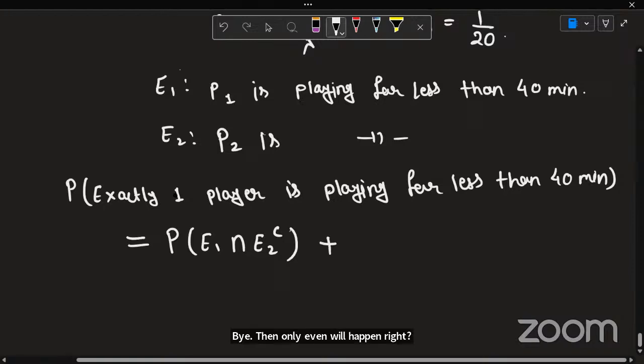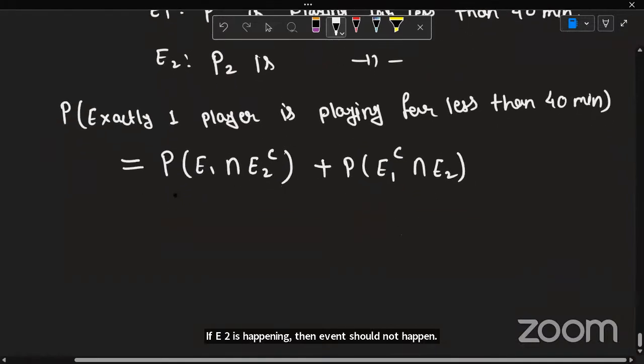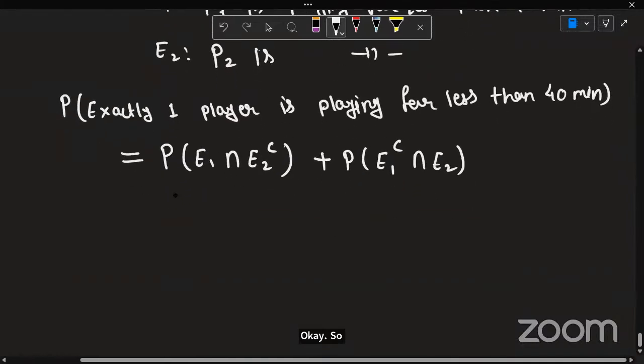Plus another condition: if E2 is happening, then E1 should not happen. Right? So how will you go for that? What is the probability of E1 intersection E2 complement? Both are independent, right? Yes, ma'am. Both are independent, so I can directly find the probability.